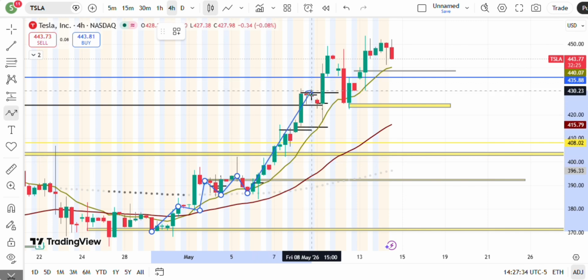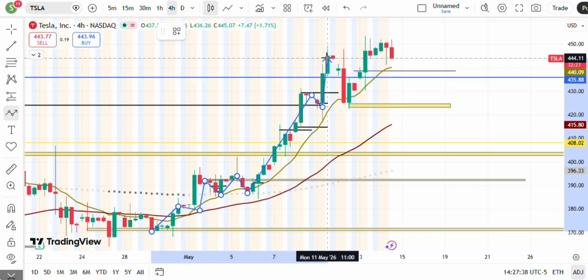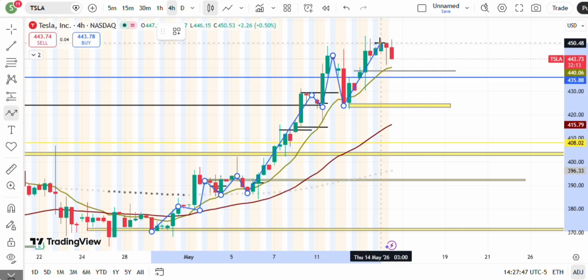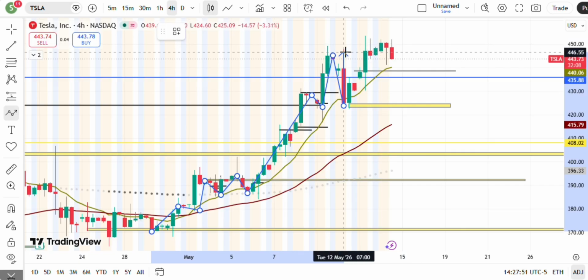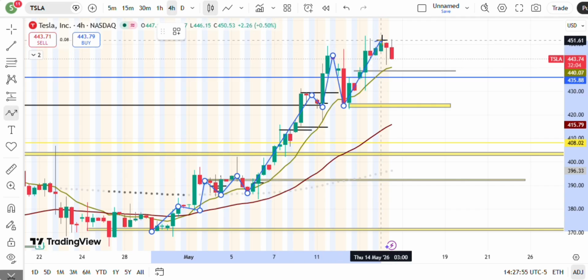All the way here, boom, came back, boom, came up, boom, came down. Look how it tests this level right here. Boom, came up. Now this is an indication that it broke this level right here, and that we're either going to retest this.